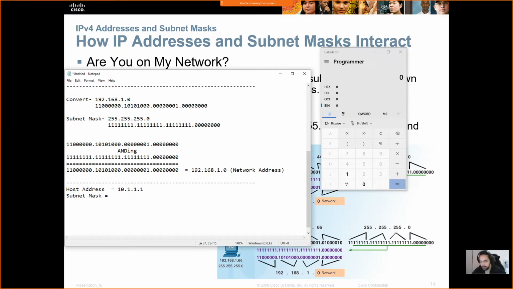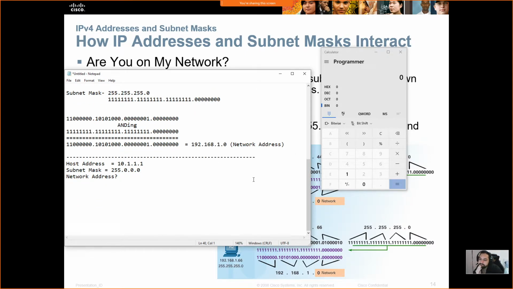And the subnet mask is this. I need you guys to give me the network address. So how would you do this? Anyone?